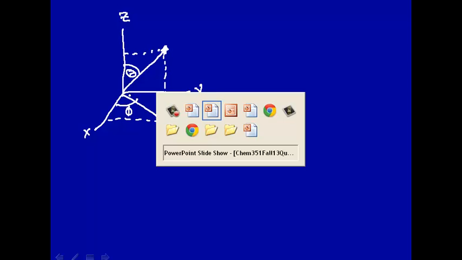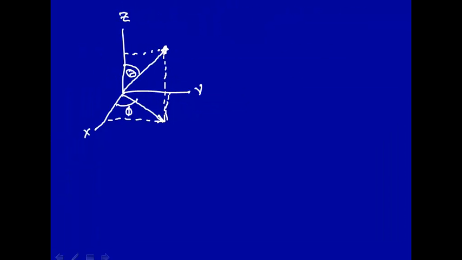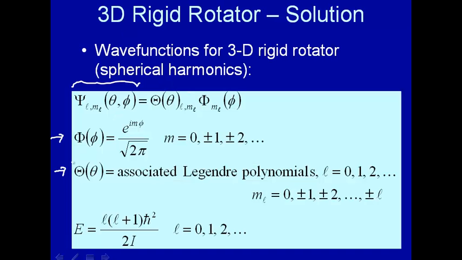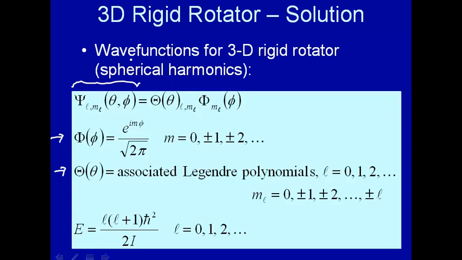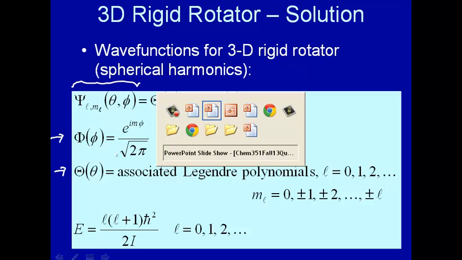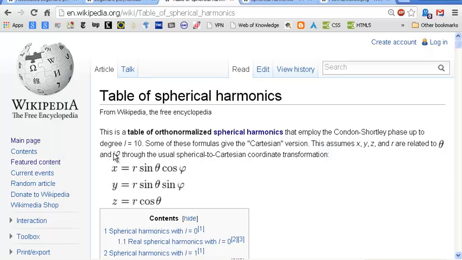So we separate out the dependence of the wave function on this angle and on this angle, and we find that the dependence on this angle here relative to the North Pole, which gives you the latitude, is called the associated Legendre polynomial.